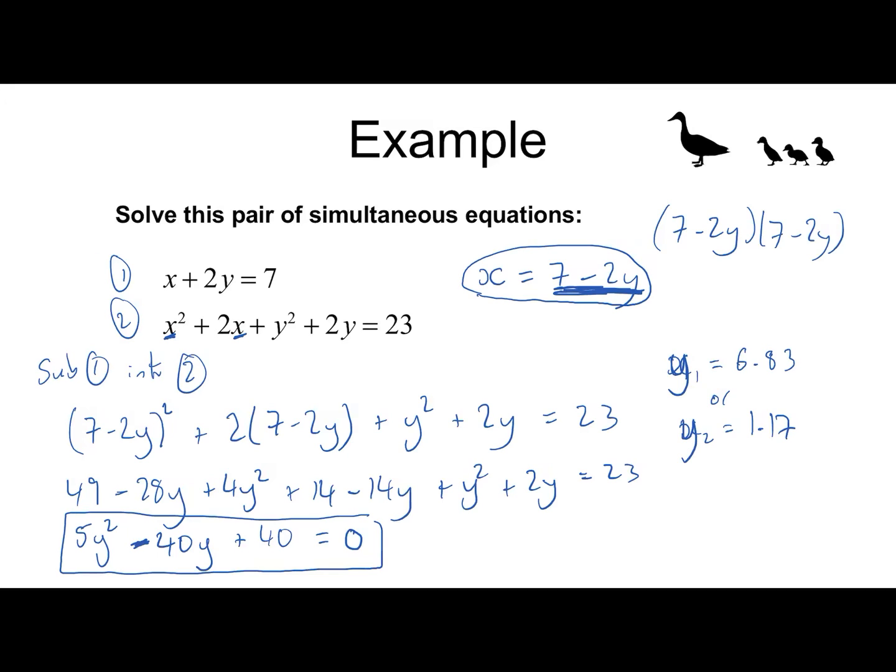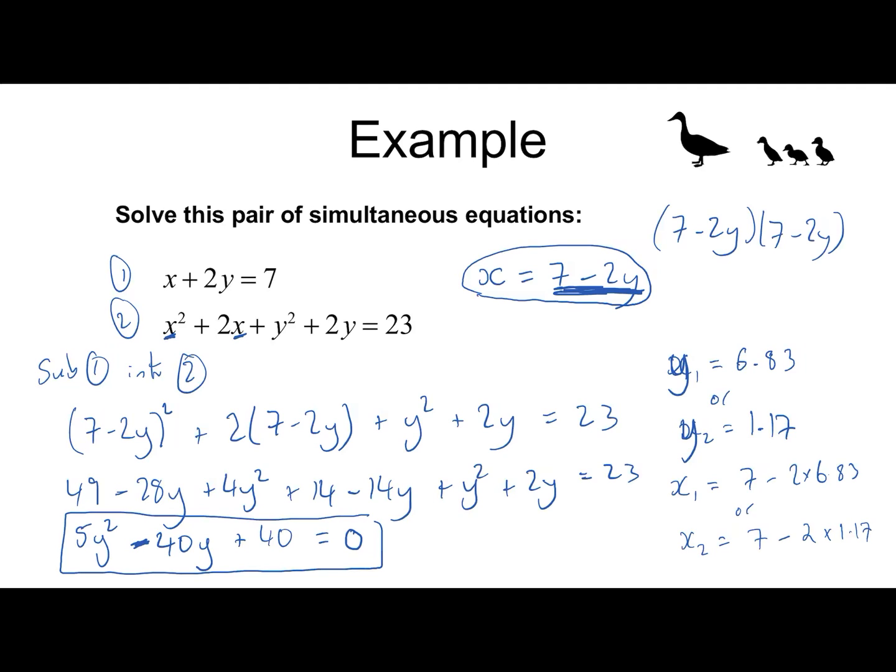And now what we need to do is just use this equation to work out what my x values will be. So x1 is equal to 7 minus 2 times 6.83, or x2 equals 7 minus 2 times 1.17.